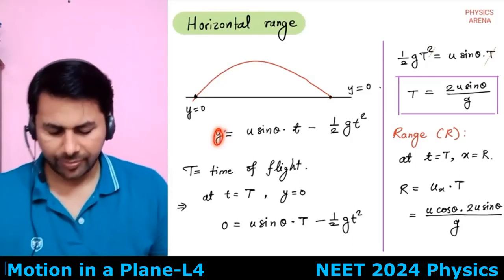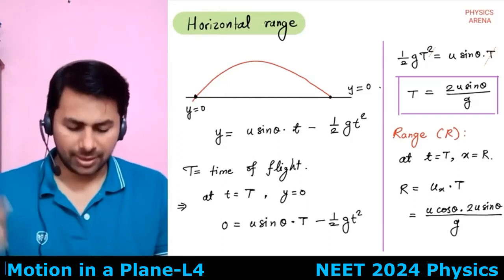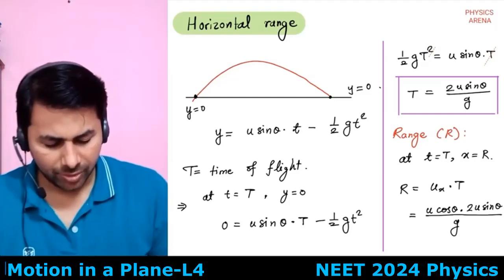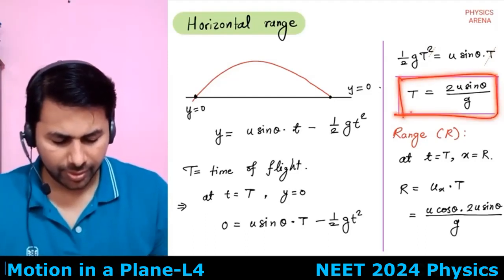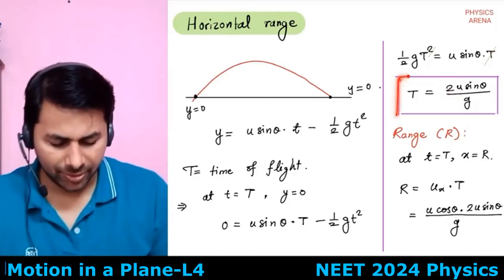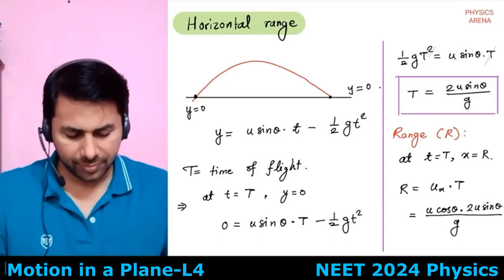If you substitute that, you can find the time of flight, or how much time the projectile is in air. That time comes out to be 2u sine theta divided by g.